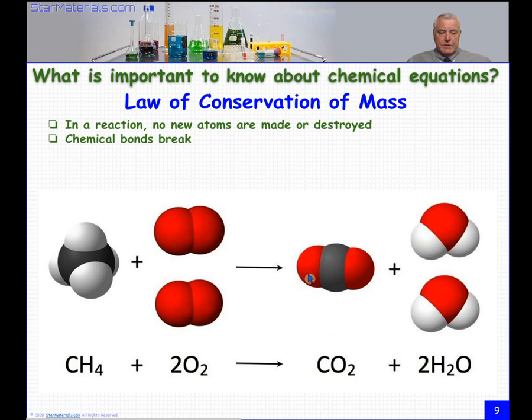So we have 1, 2, 3, 4. 1, 2, 3, 4. We have balanced it. These atoms over here recombine in a reaction in a new way. New bonds are made, something new is created out of the rearrangement of the atoms.